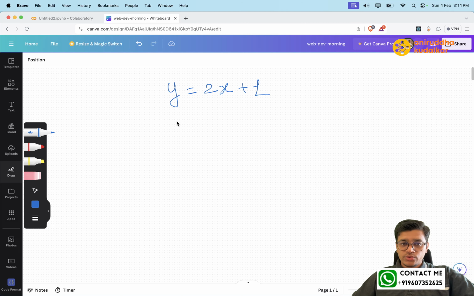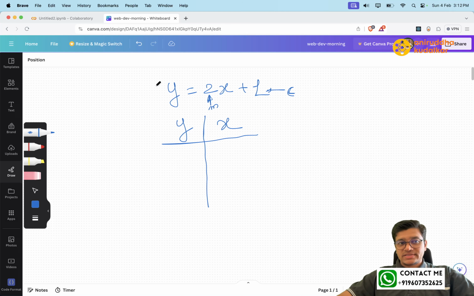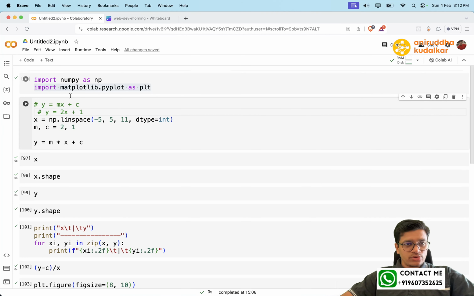Remember that this is the slope, m, and this is the y-intercept, c. Instead of putting values manually, I have written code for it. Now let me run the project first and then I'll explain the code.